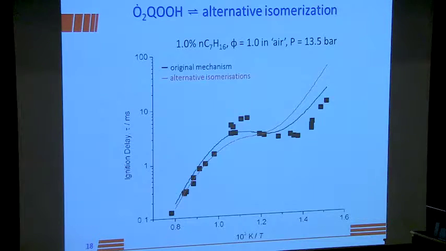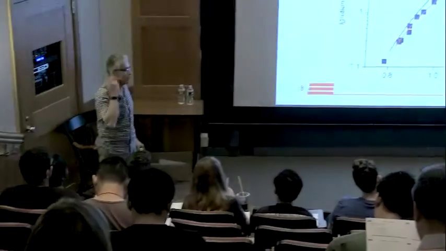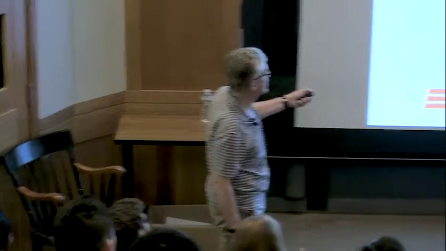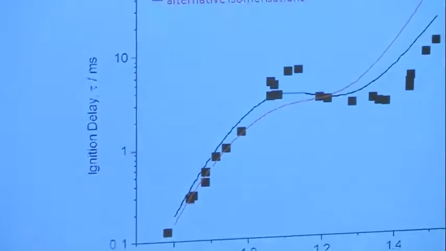So I was saying this to Emma. I said, look, we should really consider everything, explore what happens to chemistry. The black line I'm going to show you each time is the baseline model. And the red line is going to be the change that happened when we added that chemistry to the mechanism for n-heptane. This is for n-heptane oxidation in air at 13.5 bar.